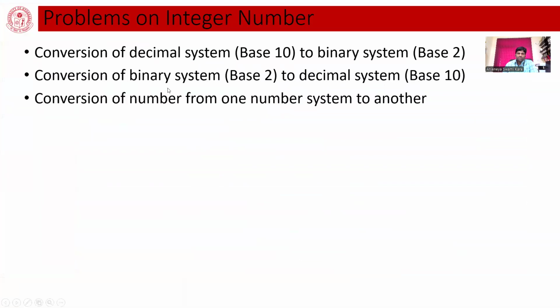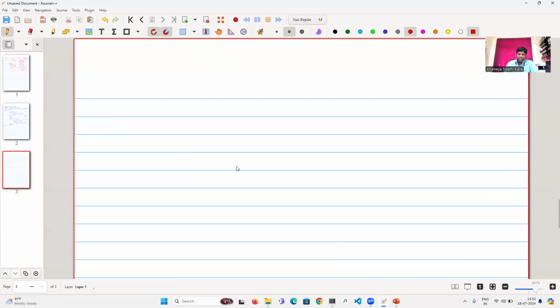Next problem is conversion from binary to decimal. How do you take binary to decimal? For example, let's take the same number, 1000011 in base 2 is equal to 67 in base 10, right? How do you get 67?